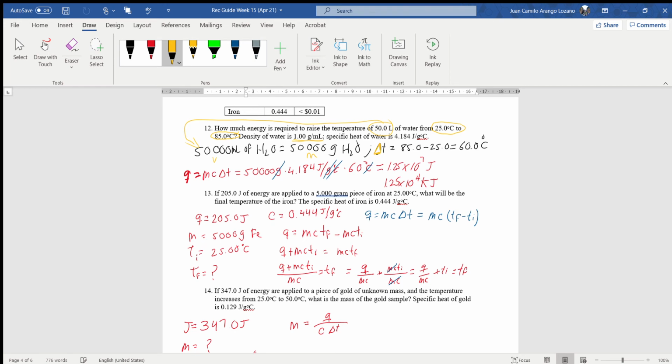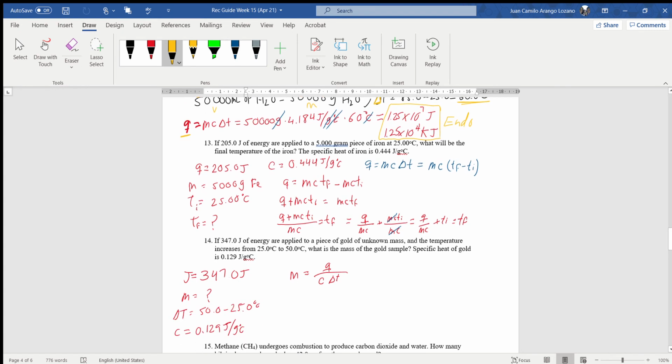So you understand that change in this case is telling me that I have a delta T of 60 degrees Celsius with a positive sign. And once I go to calculate my K, I just do all the math, and in the end, you should get this value. And as you can see, that has a positive sign, which means that in this case, I should be dealing with an endothermic reaction.